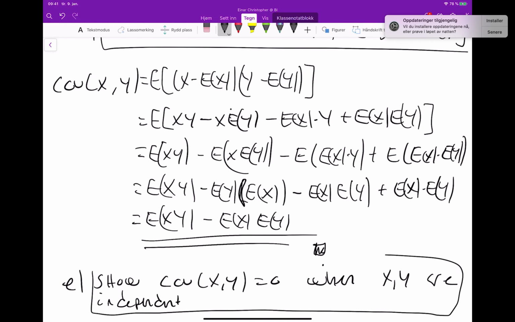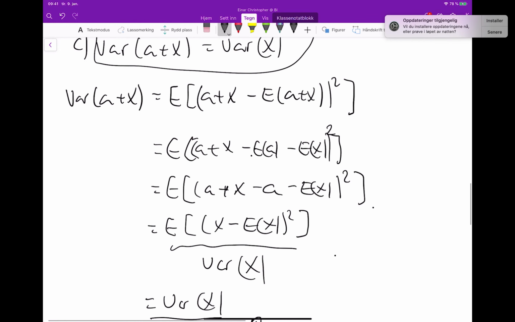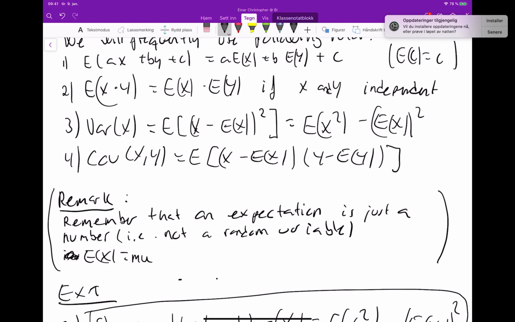Okay? We know from rule 4, let's see in the top here. No, not rule 4.